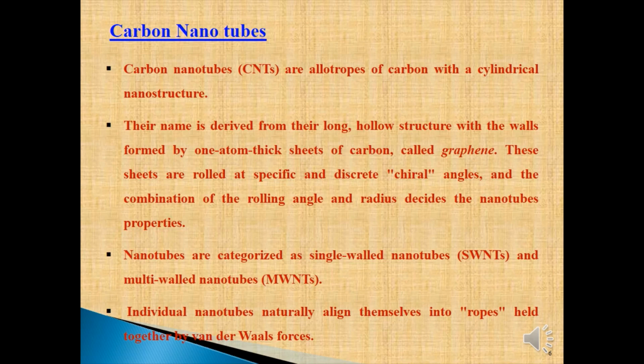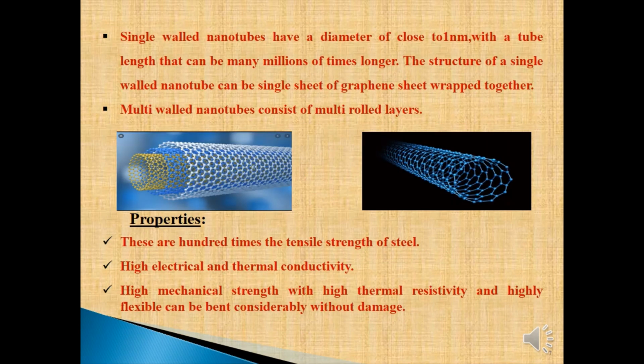Nanotubes are categorized as single-walled nanotubes, also known as SWNT, and multi-walled nanotubes, also known as MWNT. Individual nanotubes naturally align themselves into ropes held by van der Waals forces. Single-wall nanotubes have a diameter close to 1 nanometer with a tube length that can be millions of times longer.